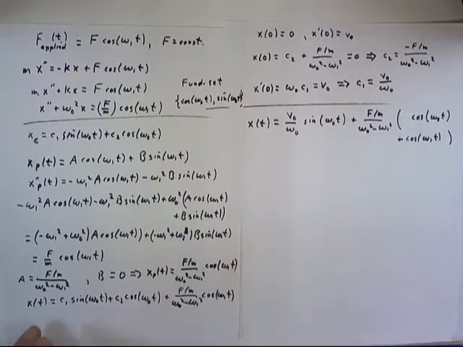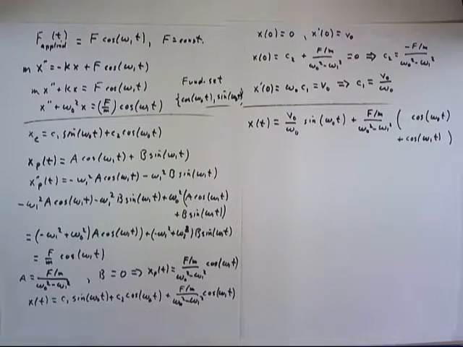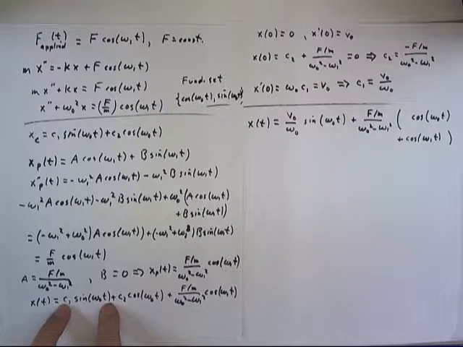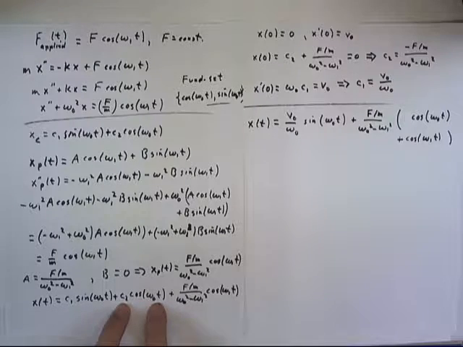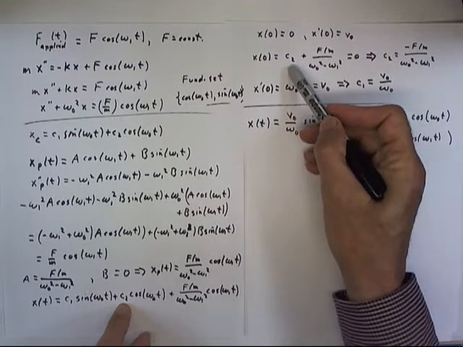X of 0 is what we get if we plug 0 into this equation. If we plug in 0, we're going to have a cosine of 0 here and a cosine of 0 here, and the sine of 0 here. Well, the sine of 0 is 0, so the C1 term isn't going to appear at all. The cosine of 0 is 1, so we're going to have just the C2 appear here.